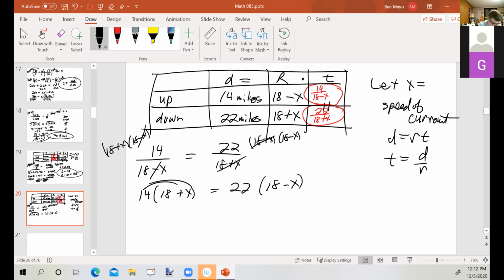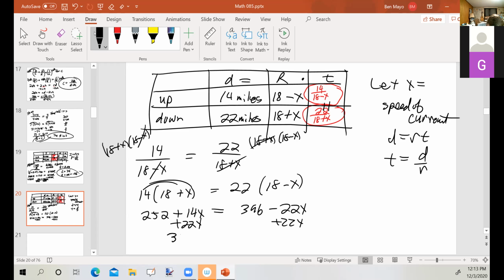Let's see. 14 times 18 is 252 plus 14x equals 22 times 18, 396 minus 22x. Add 22x to both sides.